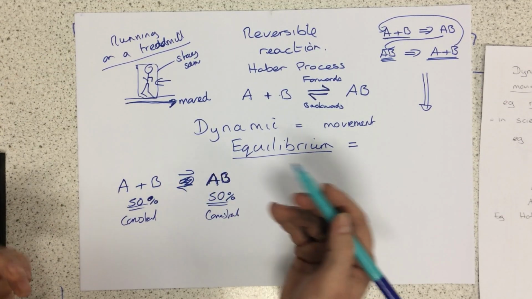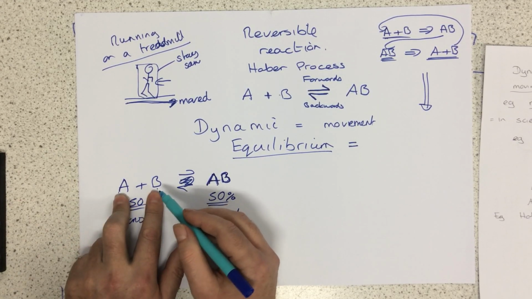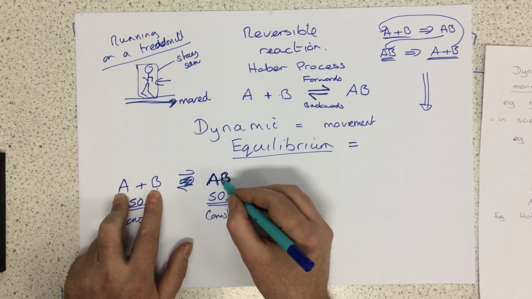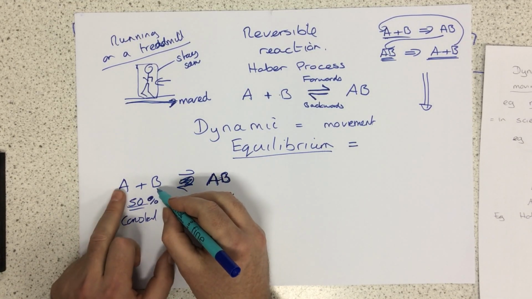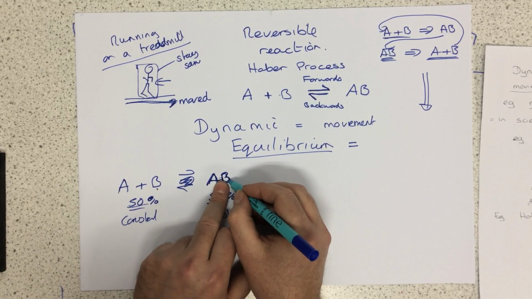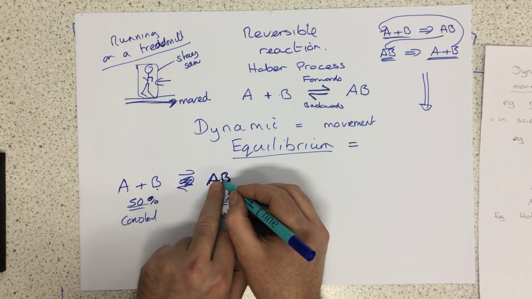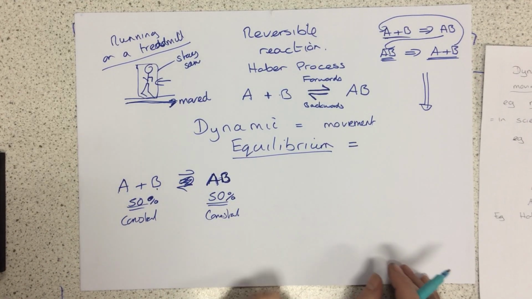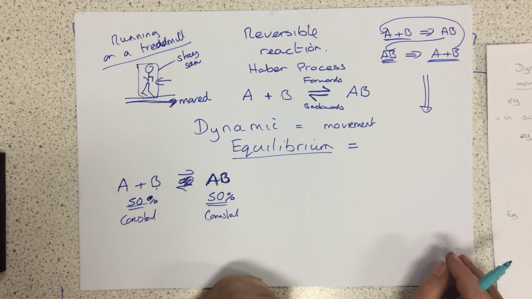So in any one instance, I will see maybe atom A and atom B as being separate, and then we've got separate atoms here that are joined up as AB, whereas if I come back in 10 minutes' time, it might be that atom A and atom B have now combined and are over this side of the equation, whereas the A and B that we had here have now broken down and gone over to this side.